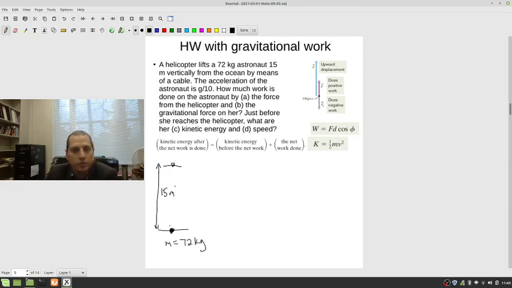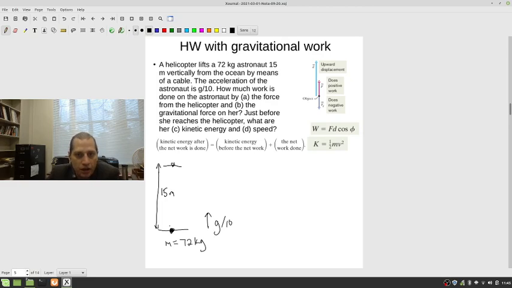Okay, so she's going to be pulled by some force in that direction. And we're given the acceleration, which is g over 10. Okay, so g is around 10 meters per second squared. So essentially, every second as she goes up, she's getting about 1 meter per second faster.